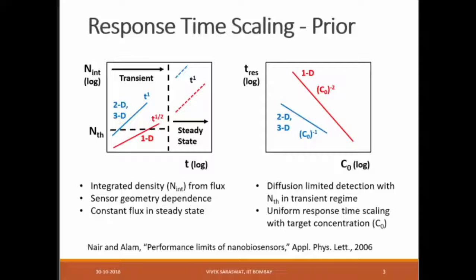Because the integration is fast in a higher dimensional sensor geometry, the response time scales slowly. For lower concentrations also, the response time for detection is lower for the higher geometry, and for the 1D case the response time scales much faster for lower concentrations. This is true for diffusion limited detection if your threshold falls in the transient region.